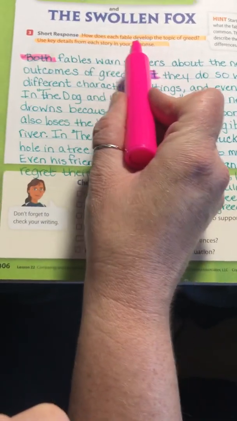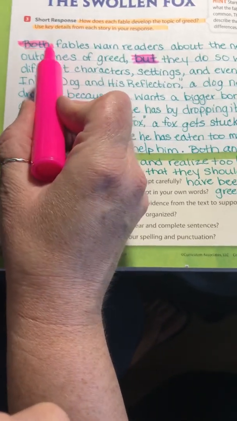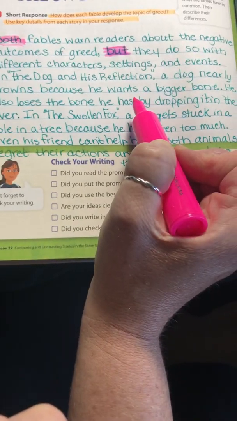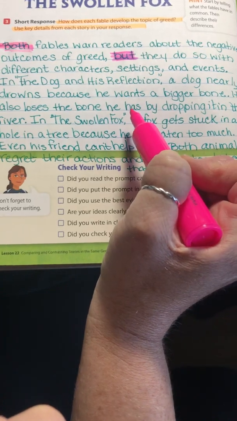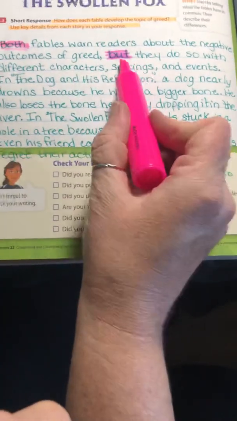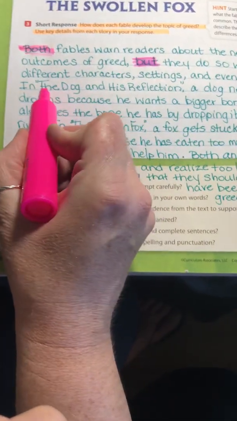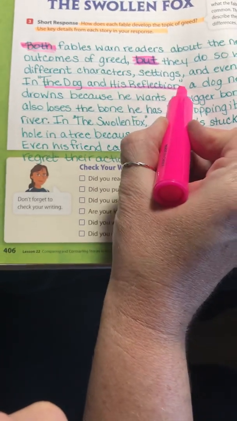So, how does each fable develop the topic of greed? First, we're going to talk about what was the same. Both fables warn readers about the negative outcomes of greed, but they do it differently. So, let's talk about in The Dog and His Reflection. There's my citation.